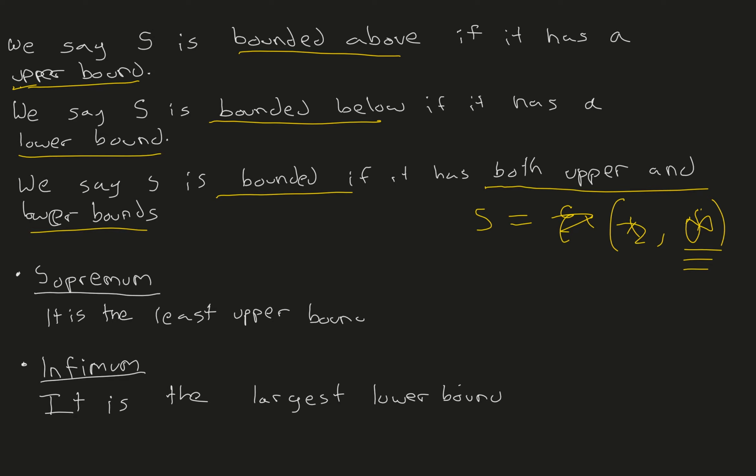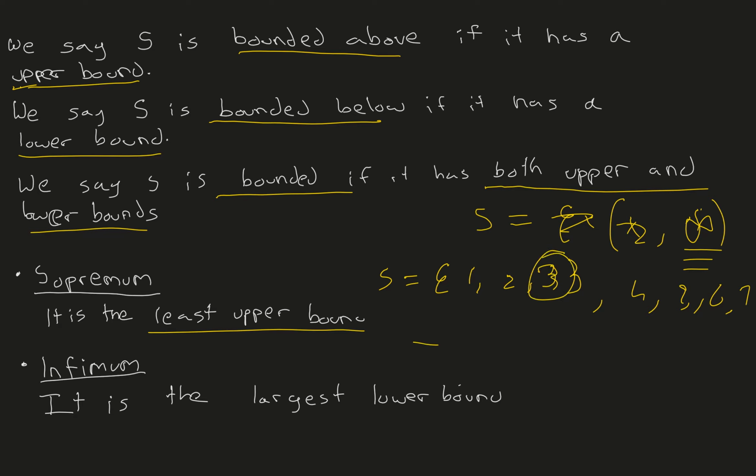So what's the supremum? Well, the supremum is the least upper bound. In the previous case, if we consider the set 1, 2, 3, we notice that they have millions and millions, an infinite amount of upper bounds, but the least upper bound for this set is 3.